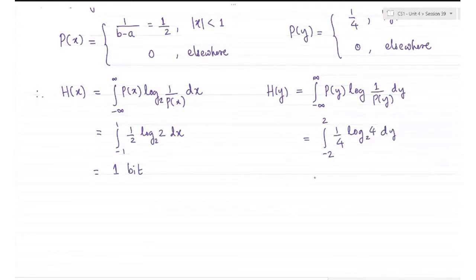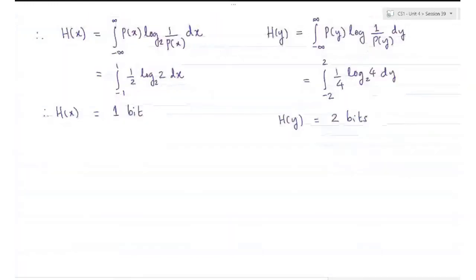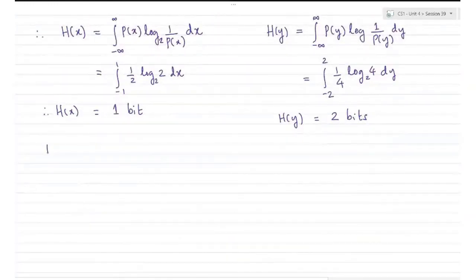This will give us the answer as 2 bits. So H of X is 1 bit, H of Y is 2 bits. Everything is fine, but y is simply 2x, as the output of the amplifier is twice the input.